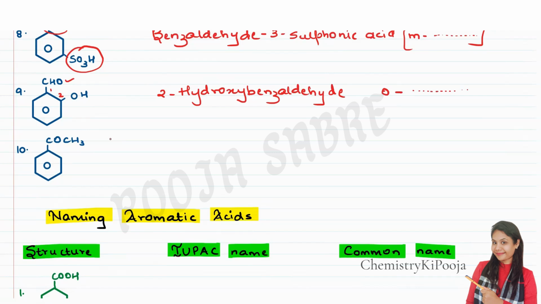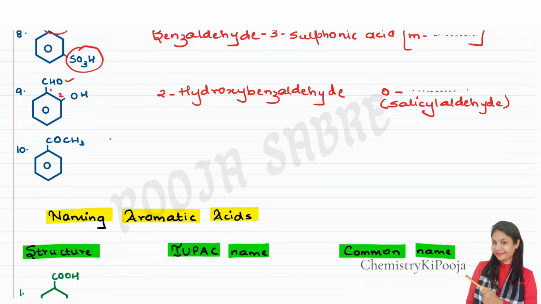The same thing you are going to write down one more time, but instead of 2 we are going to write down ortho. And this ortho hydroxy benzaldehyde can also be called salicyl aldehyde, whenever there is OH group and aldehyde group, that is CHO, at the adjacent position or on the ortho position.